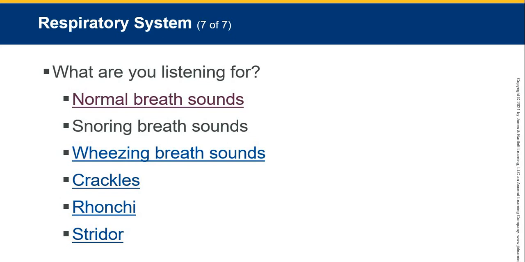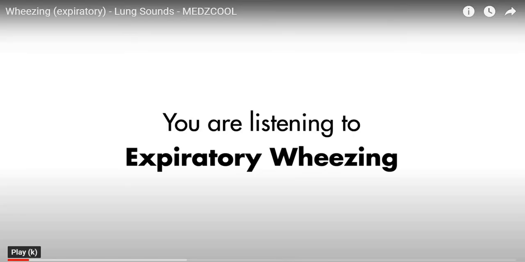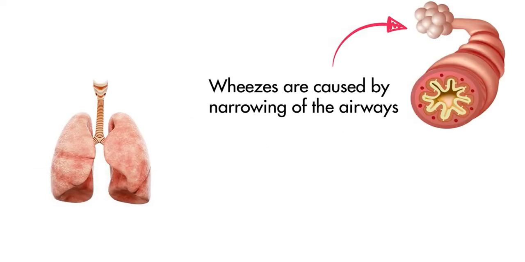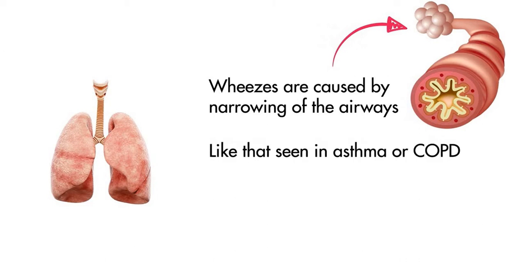Now, something else that you may hear that you don't want to hear is going to be snoring sounds. Most commonly, I find that people that have low blood sugar, that are diabetics, are going to have snoring sounds, and it sounds just like snoring that you would normally hear. Now, the other sound here is going to be wheezing. Wheezing is going to be a high-pitched expiratory breath sound. It is a lower lung field breath sound, and we'll listen to it here. Like in asthma, COPD.